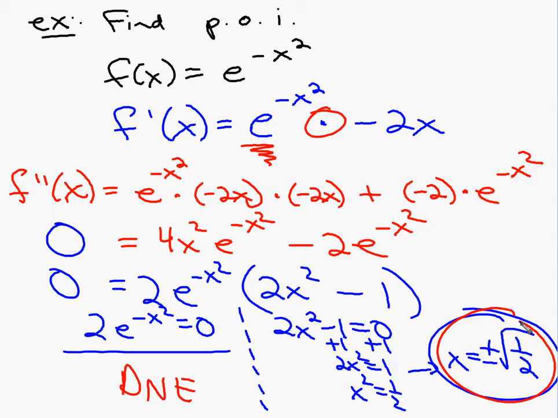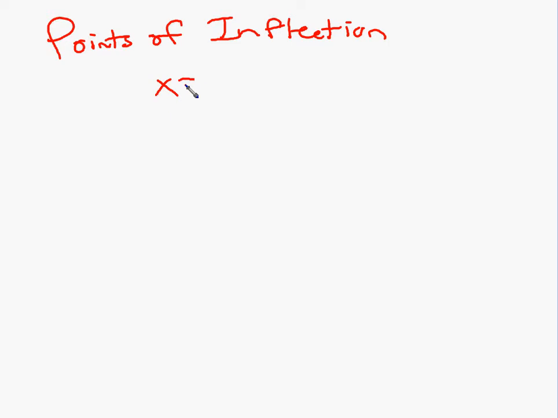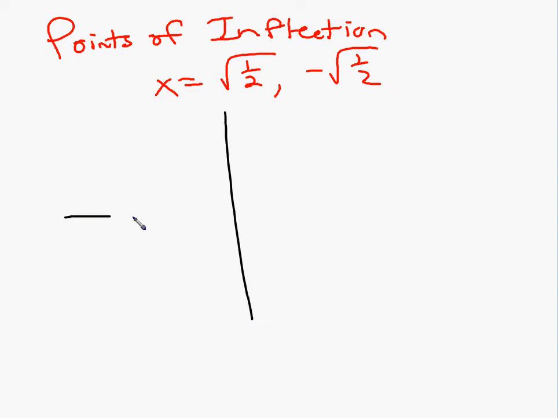Okay? And so my answer then is, I need a new page. My points of inflection are x equals the positive square root of 1/2 and the negative square root of 1/2. And if we were to graph this, we're not going to turn on the graphing calculator right now, but I can tell you that the graph of my original function looks something like this.